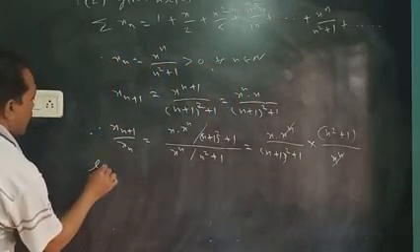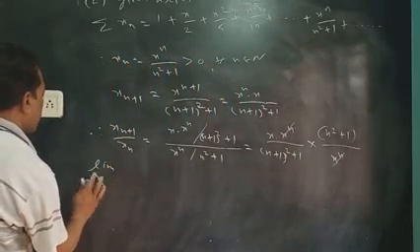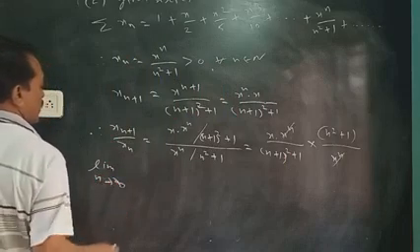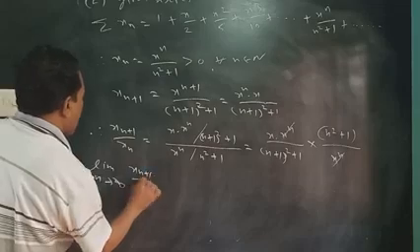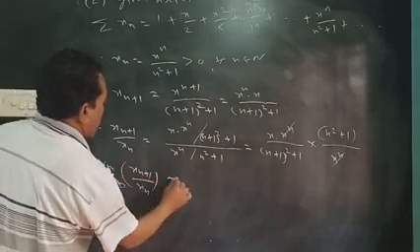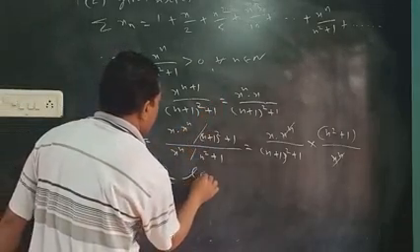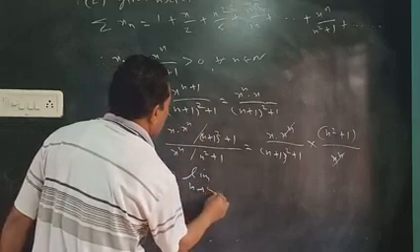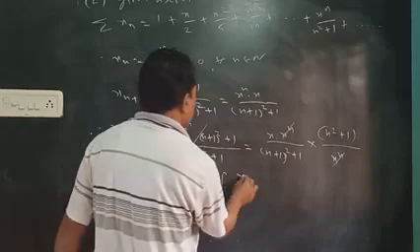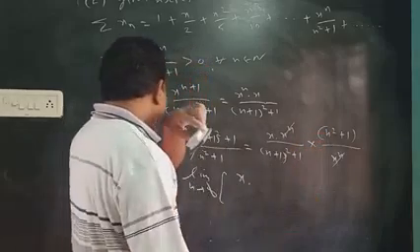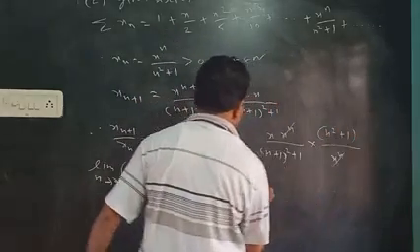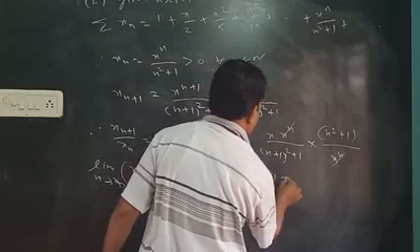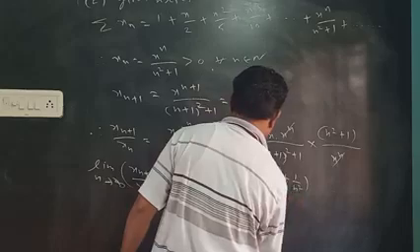Now the limit. Limit as n tends to infinity of this term, only x. Again, same technique, highest power common. In n square plus 1, n square is common: 1 plus 1 by n square.